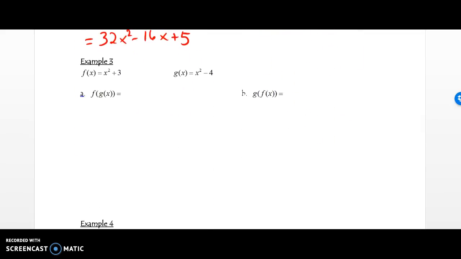All right, let's look at example 3. So f of g of x, so we're going to evaluate f of x using whatever the expression is for g of x. So now I'm going to follow the rule for f of x.